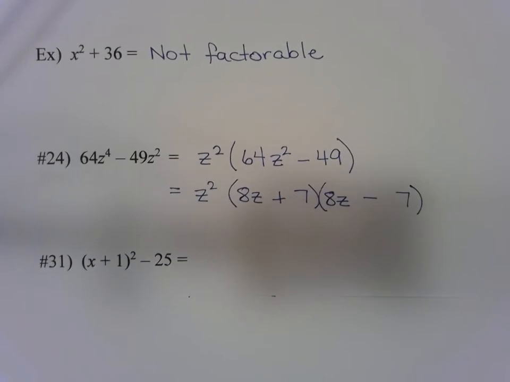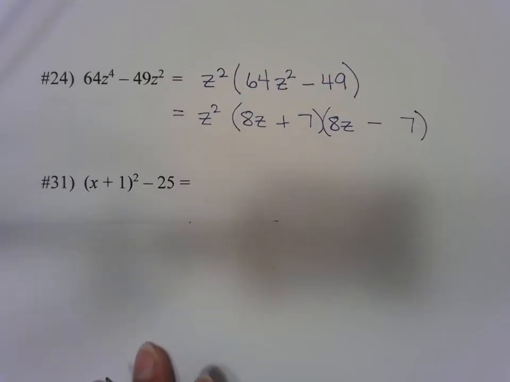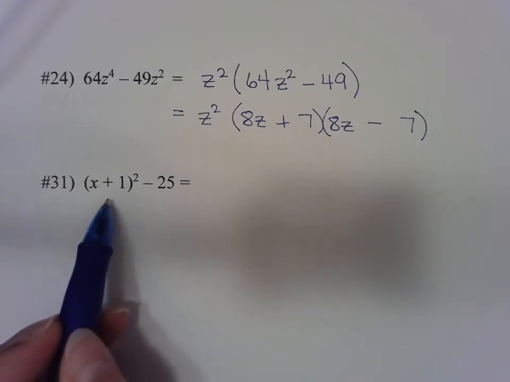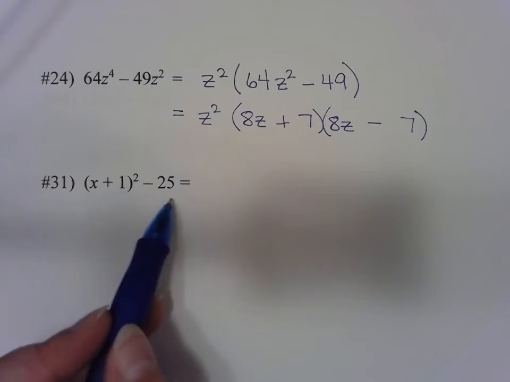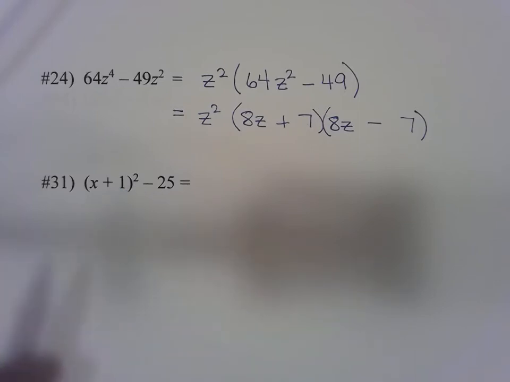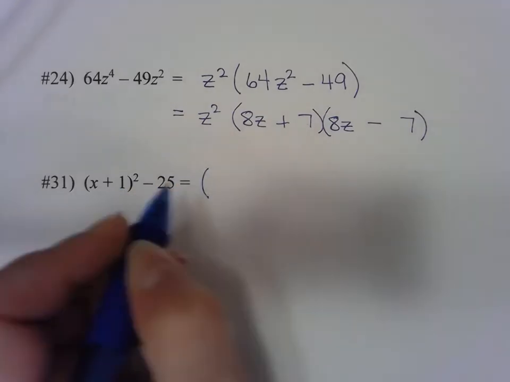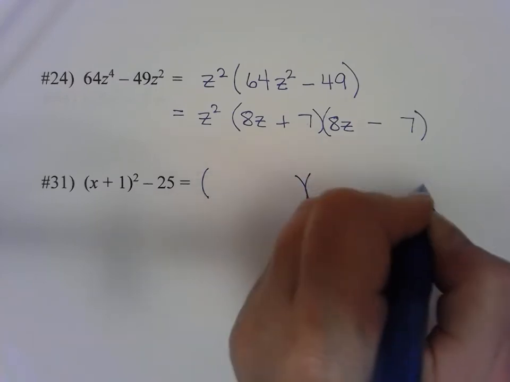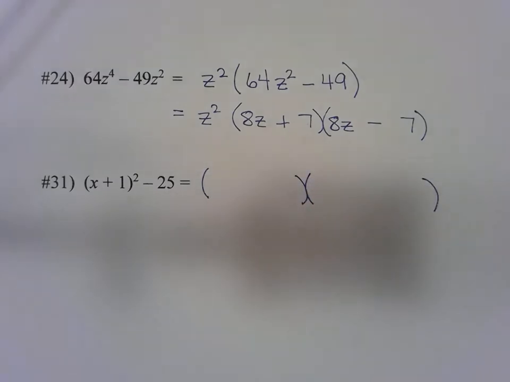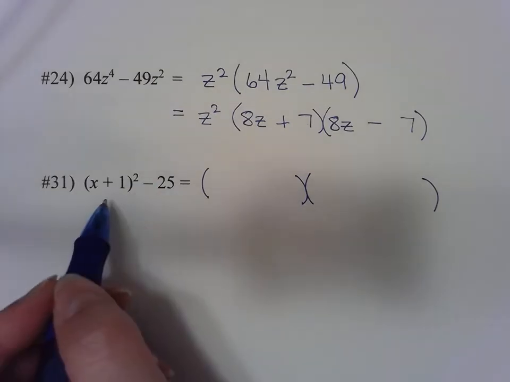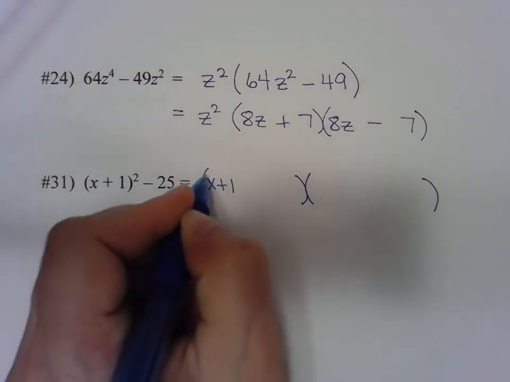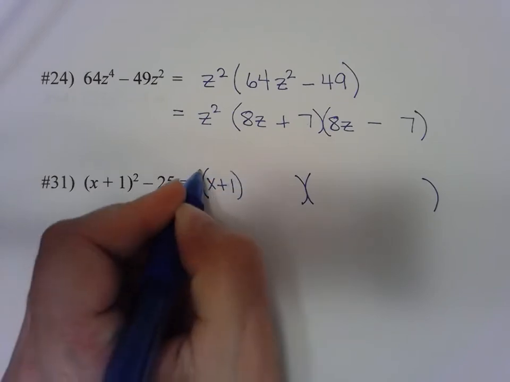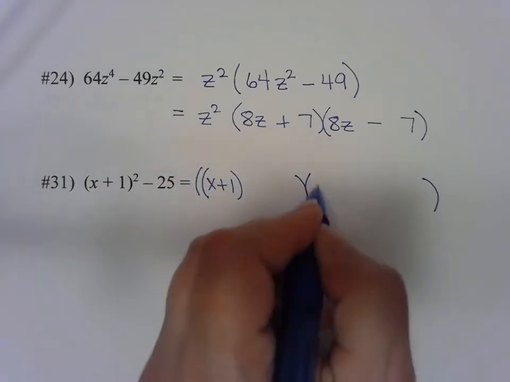All right, here's a weird one. This is a perfect square. It looks different, but it is something squared. And this is a perfect square. So this actually works for this too. It looks really weird, but I thought maybe it would be interesting to show you. So the first term, we're going to have x plus 1. If you're more comfortable with it being in parentheses, you can do that.